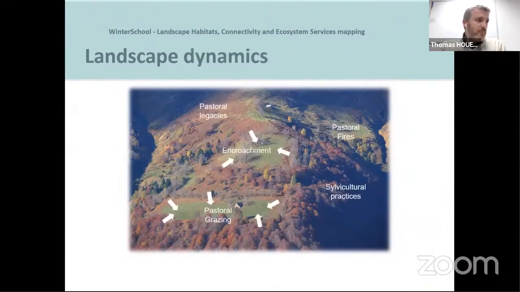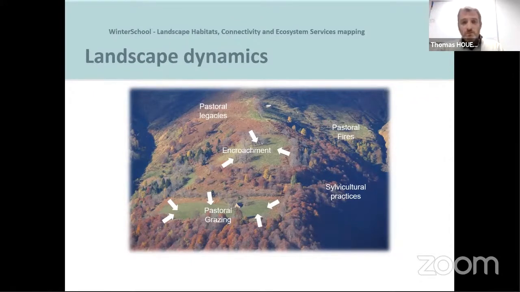And I would like to just open the discussion, or maybe open your mind, about the fact that landscapes are, of course, dynamic. This has been mentioned several times during the day, but there are several processes that could make the landscape evolve fast or not.